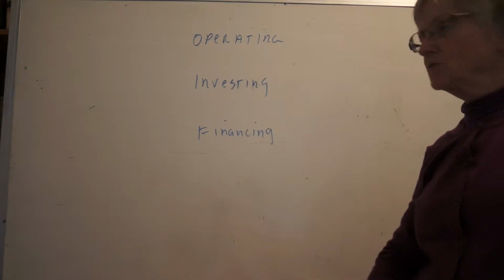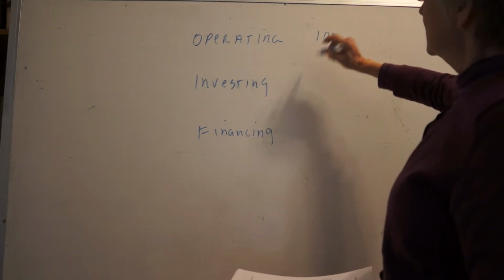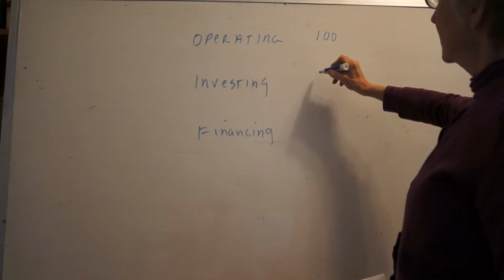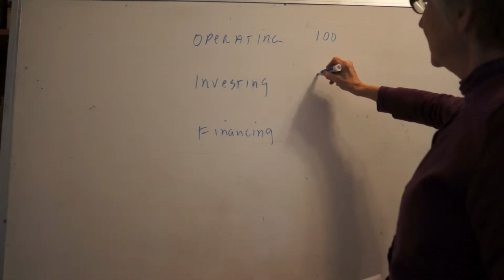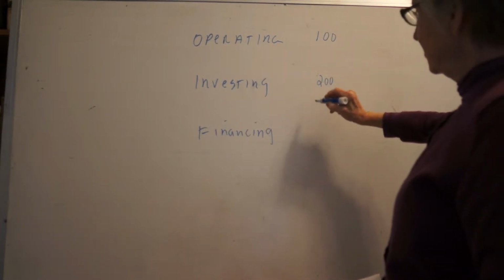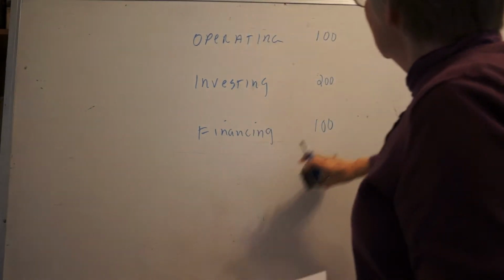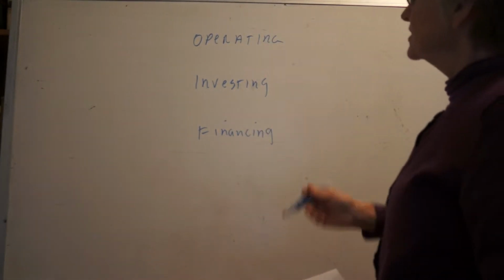And so what it tells you is, if the company is generating cash flow, is it from operating, or are they generating most of their cash from maybe selling off equipment, or are they getting it all from financing? Where are they getting their money?